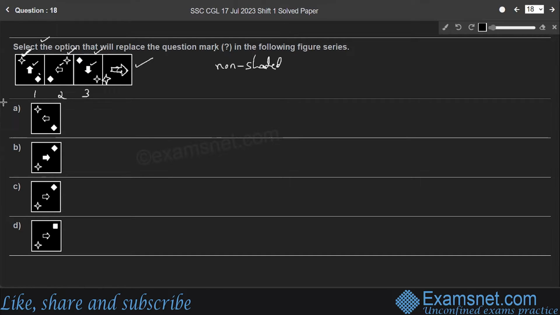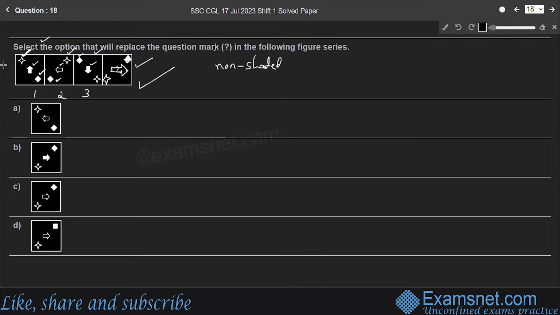Now consider the third element, which is a diamond. In the first figure, the diamond is in the bottom right corner. In the second figure, its position changes, and also in the third figure. So the diamond is revolving in the clockwise direction. Therefore, in the 4th figure, its position should be on the top right corner.